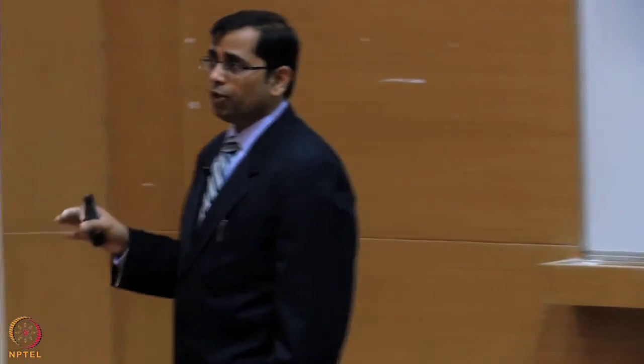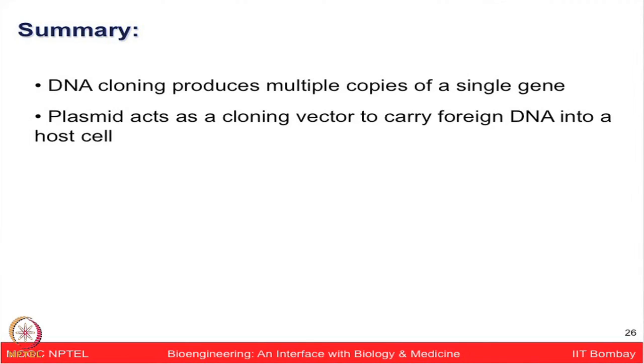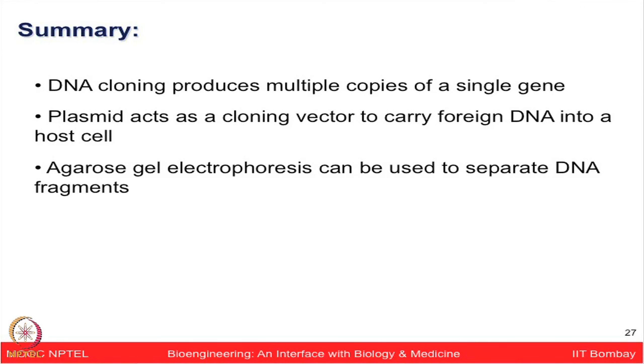So in summary, so far we have studied that cloning is a very important process in which multiple copies of a DNA or a single gene can be produced. Plasmids are used as a vector to carry the gene of your interest, the foreign DNA, and they can be moved into a host cell, especially a bacterial cell. Agarose gel electrophoresis can be used to separate these DNA molecules.